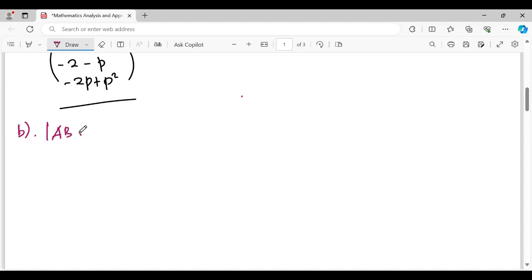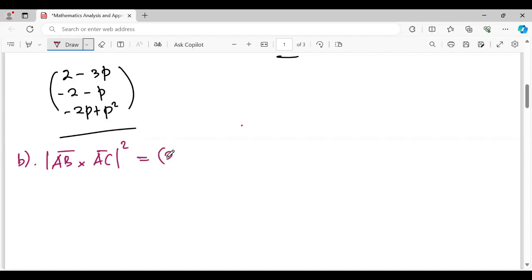So it becomes (2 minus 3p) squared plus (minus 2 minus p) squared plus (minus 2p plus p squared) squared.